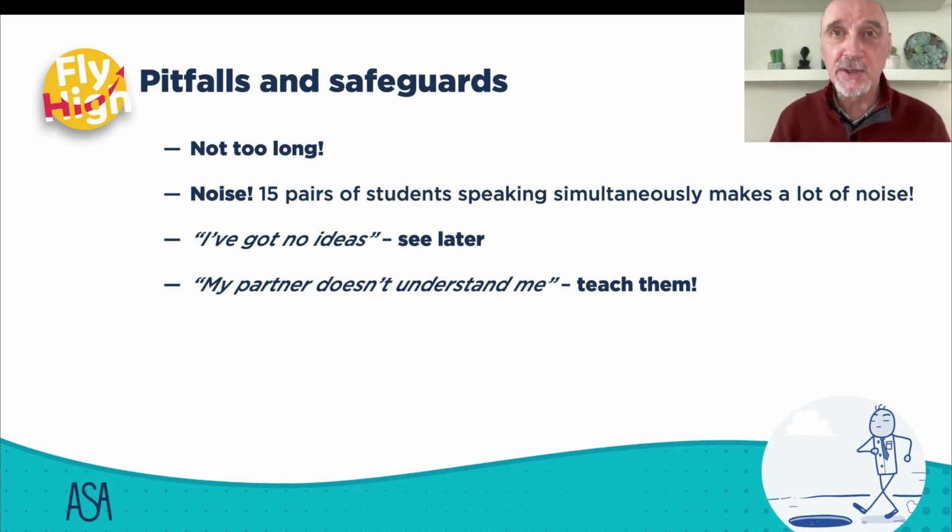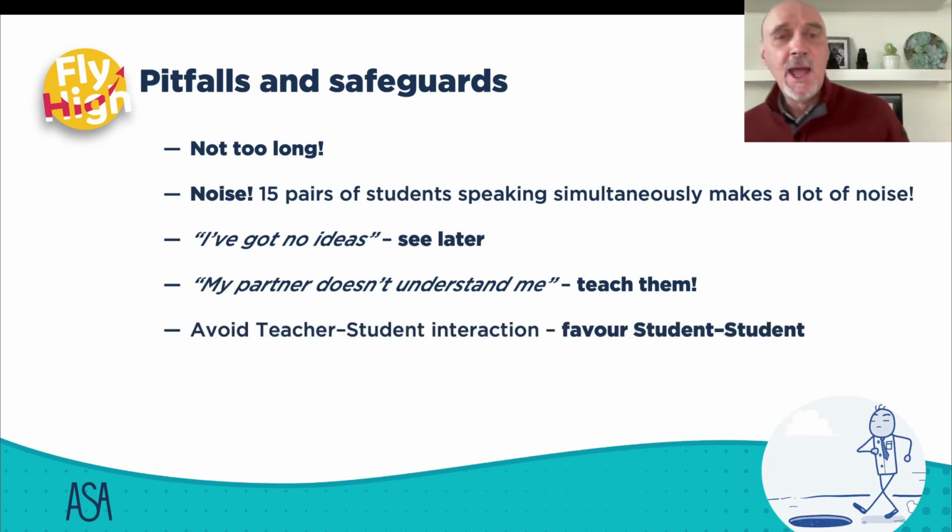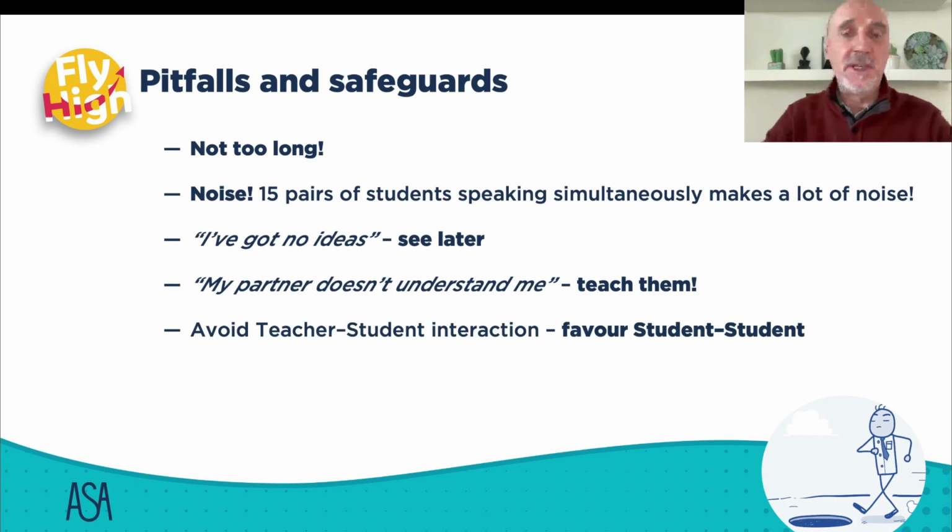If the student recognizes that teaching something is the best possible way to learn it, then they'll start to get the idea that they can really get something out of an activity where they're working with someone whose level is lower than their own. We've also got, in a little bit, another way to get around this particular problem. But once they get the idea that they can help their partner and learn and benefit by doing so, that sidesteps that problem. I would say that the teacher-student interaction should be kept to a minimum.